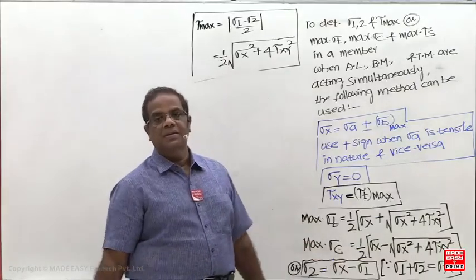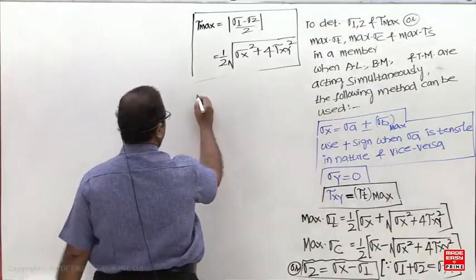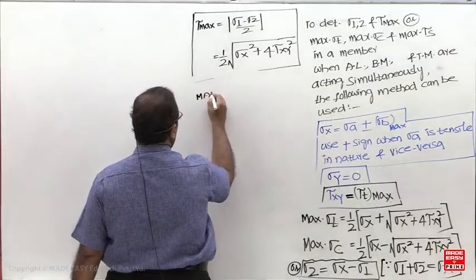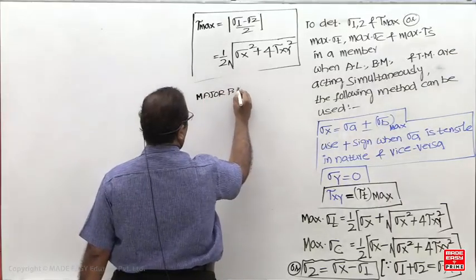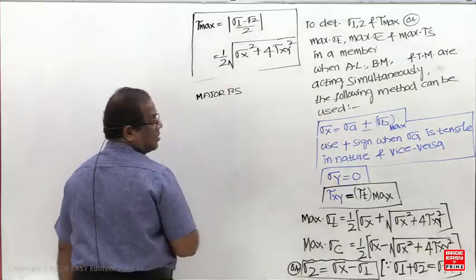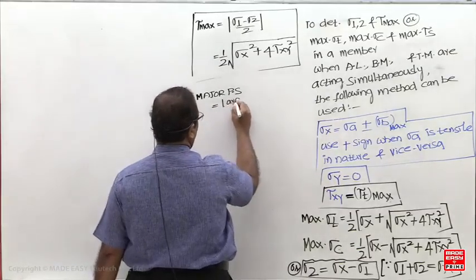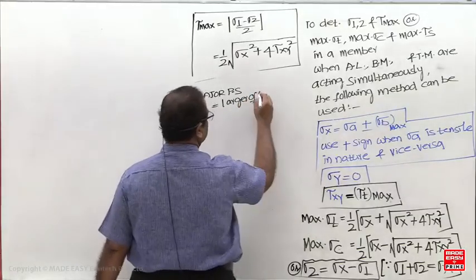These are the major and minor principal stresses. Major principal stress is the larger of these two.